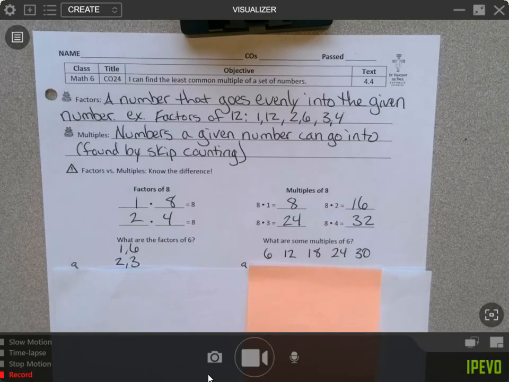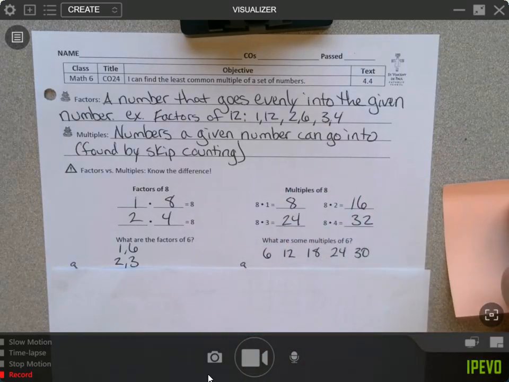Those are the multiples. You go in order, just like skip counting by 6s. It's the same thing as 6 times all the numbers. Go in order though: 6, 12, 18, 24, 30. So when we're looking at our multiples, always multiply up in order.